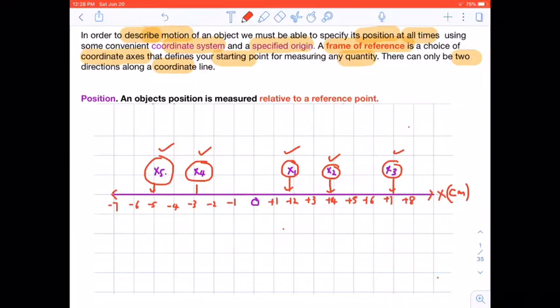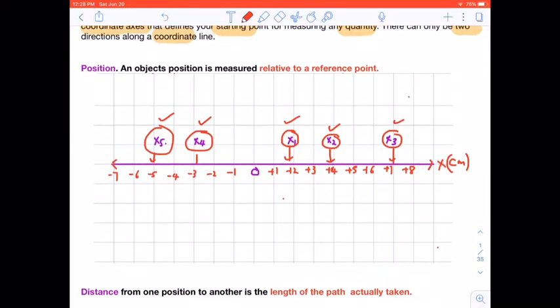But now let's say we're looking at position x1.